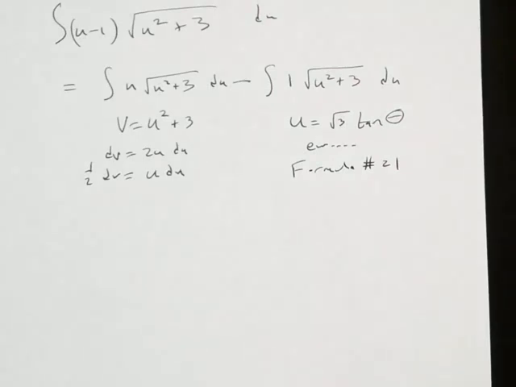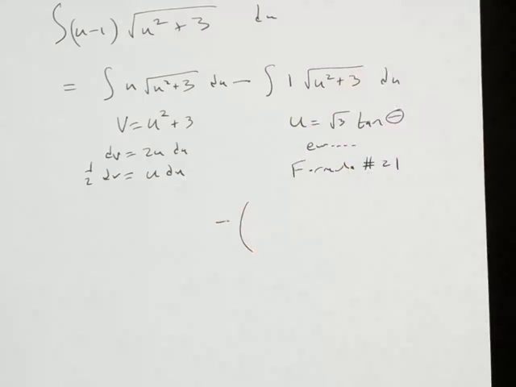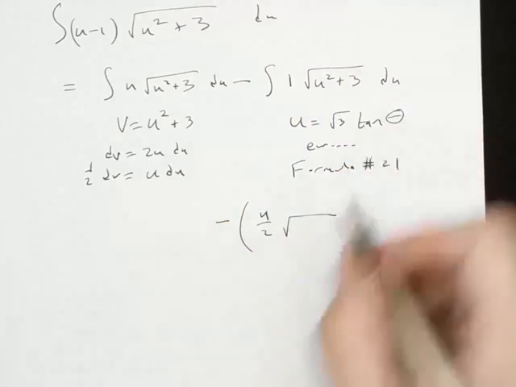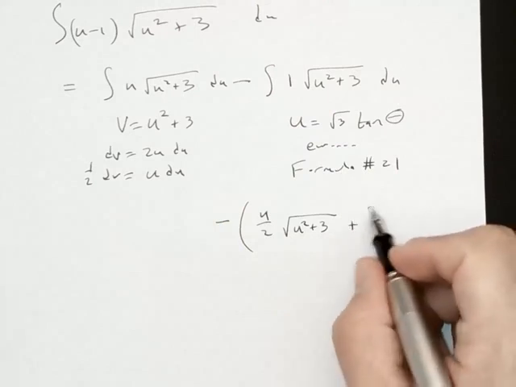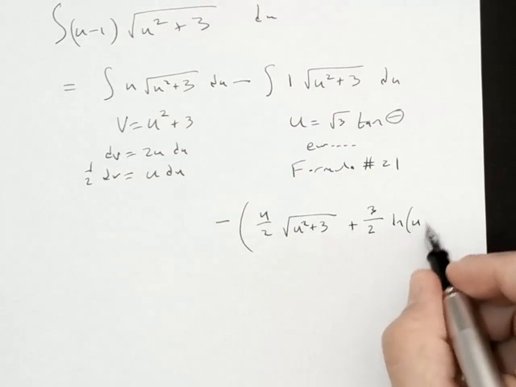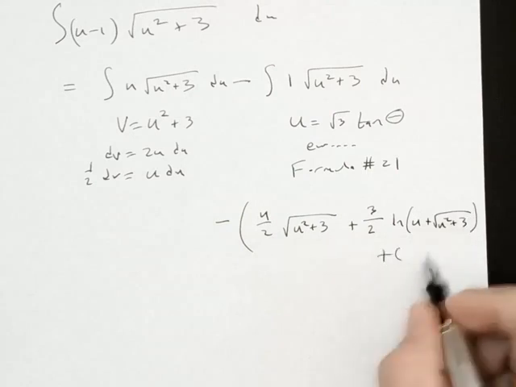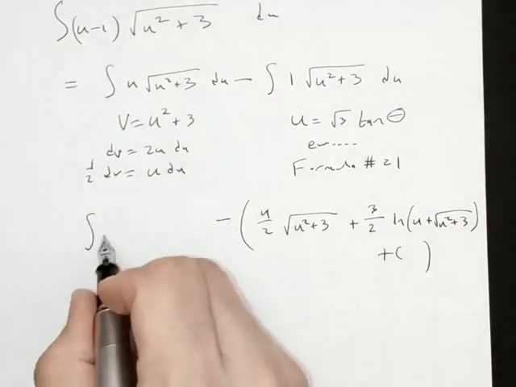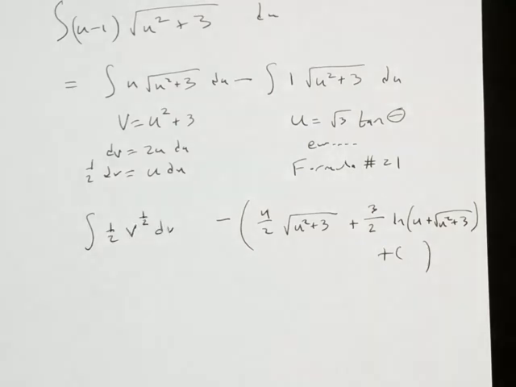So that means that this part, pulling that formula, is u over 2 square root of u squared plus a squared plus a squared over 2 ln of u plus square root of u squared plus a squared plus c. And to do the first part, that's the integral of 1/2 v raised to the 1/2 power dv.